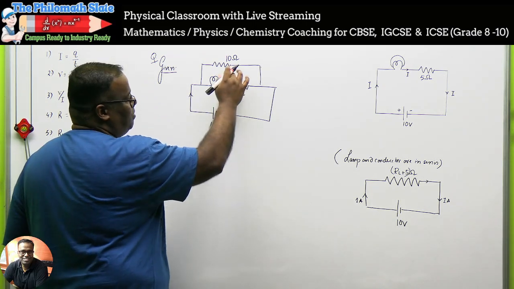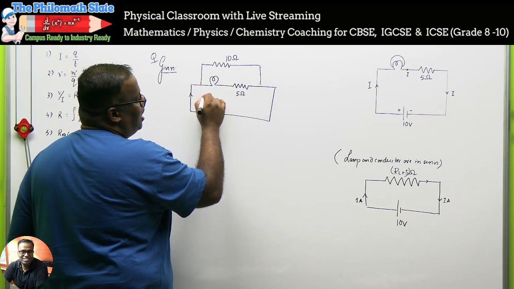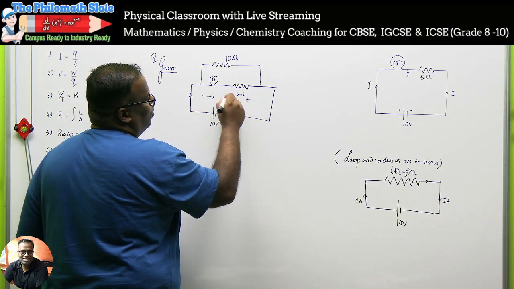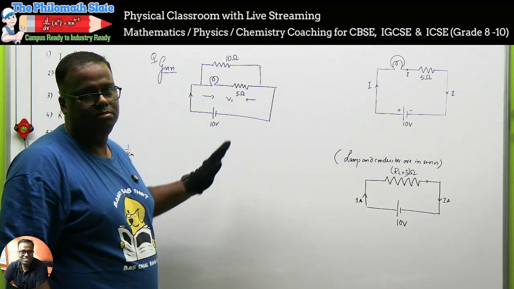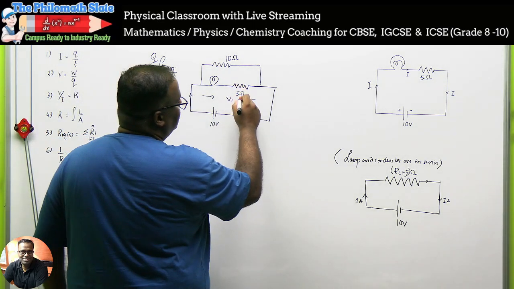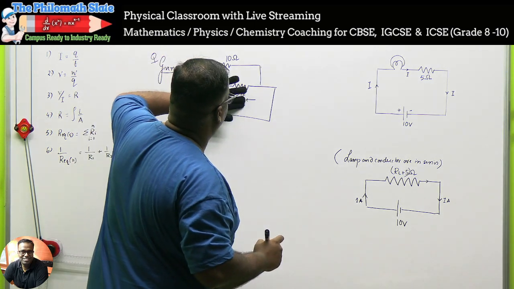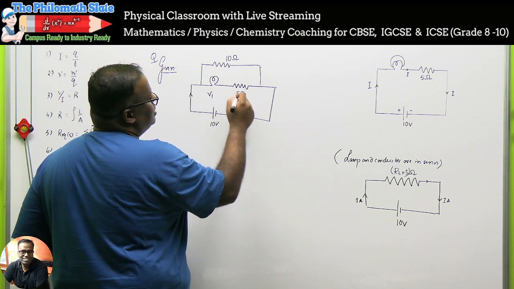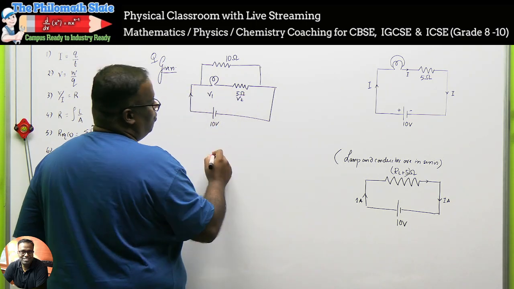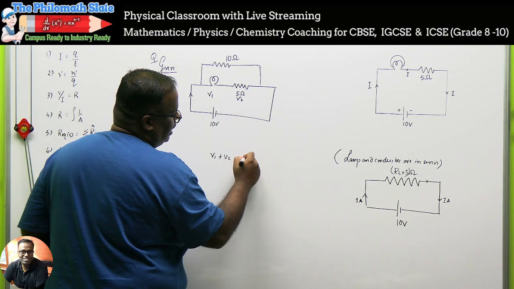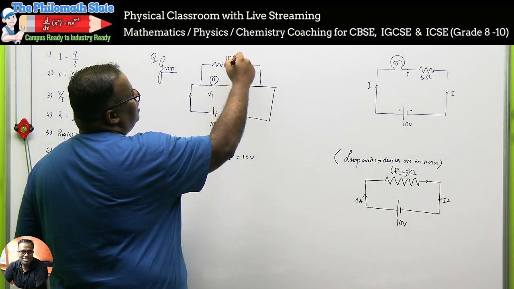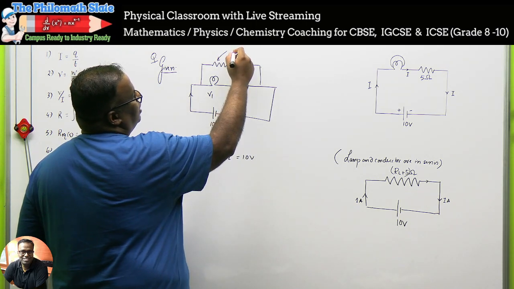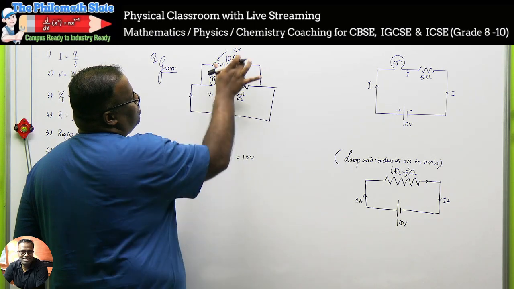In parallel both will have the same. In this channel there will be a division in voltage: V1 across this and V2 across this, since it is in series, and V1 plus V2 should give 10 volts. The voltage across this one will always be the same, V1 plus V2, 10 volt, because the 10 ohm is parallel to this.